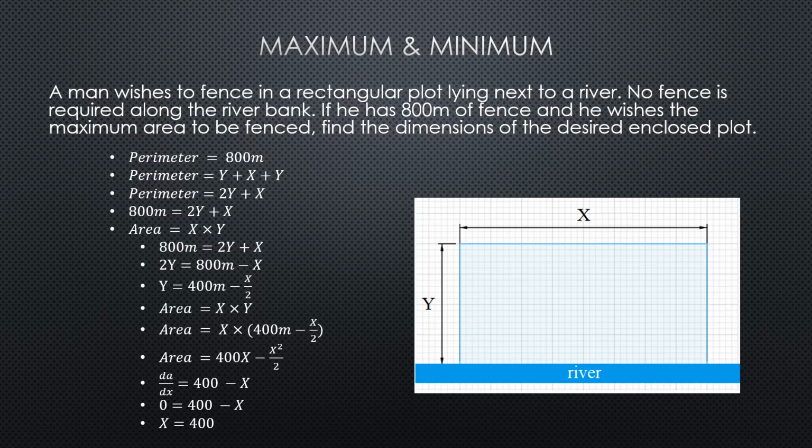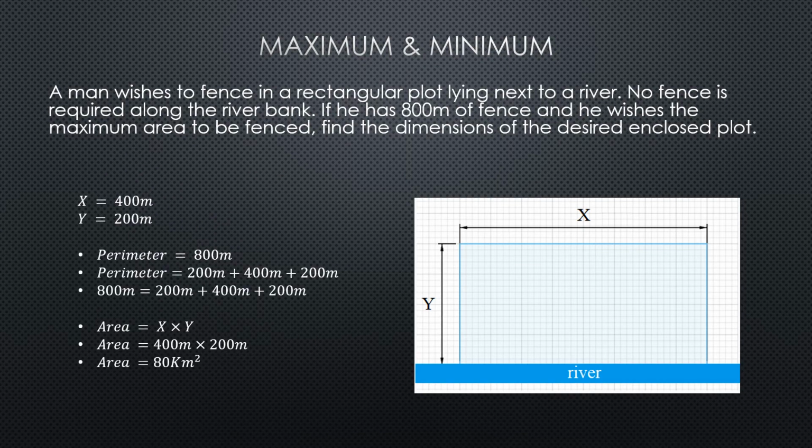So now again we know that the max is when the slope is at 0, so we substitute the 0 in for dA/dx and solve for x, x being 400. So now we have what we believe is the x and y that'll give us the maximum area. And if we want to find that area, we just multiply x times y and we get 80 kilometers squared.